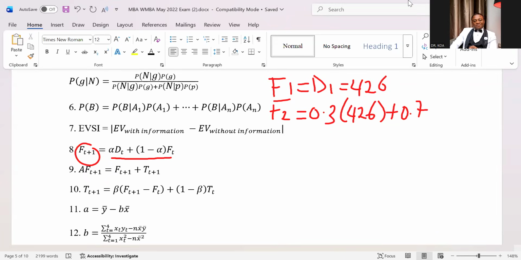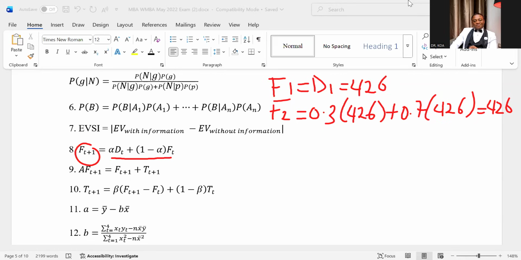It's the same 426, so that's what was given to us. Using this, we can easily find F2. When you work it out, you're going to get 426. This also happened to be the same as the first one. F1 is the same as F2.